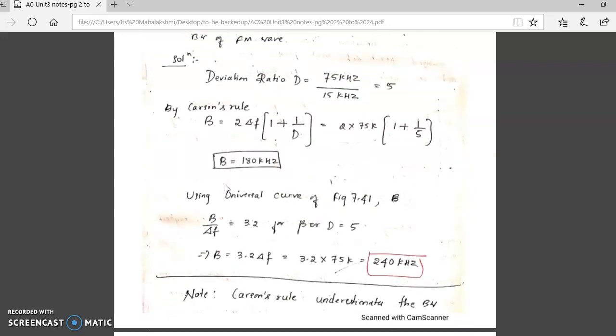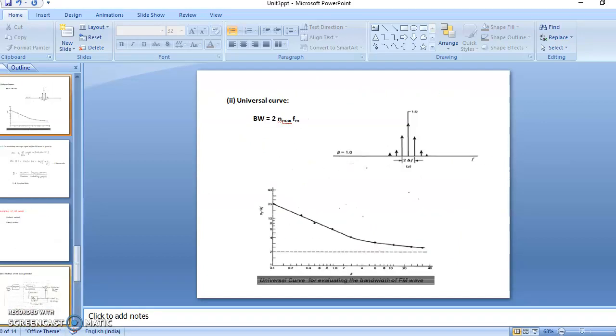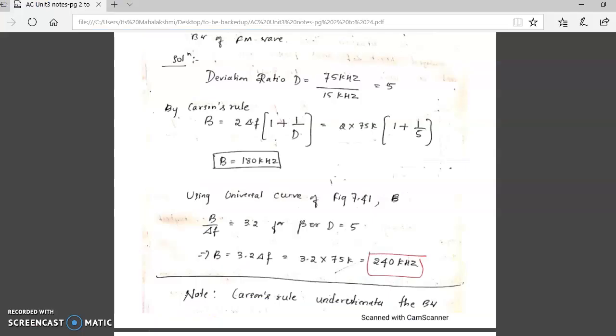If you have to determine the bandwidth using the universal curve, you will have to go back to that curve which I showed here. Using this curve, you can determine the bandwidth. How? I'll show now.